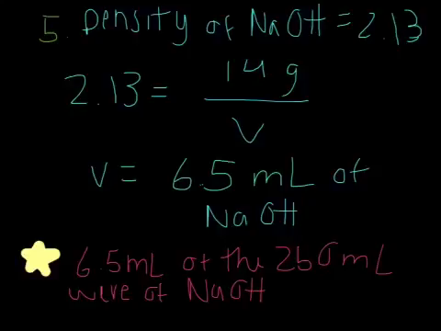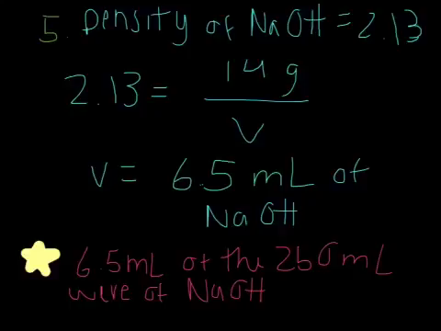Since NaOH doesn't share water's property of having the same mass and volume, you replace in the D equals m divided by v equation, which gives you density. You replace for each of the values. So you put 2.13, which is the density of NaOH.